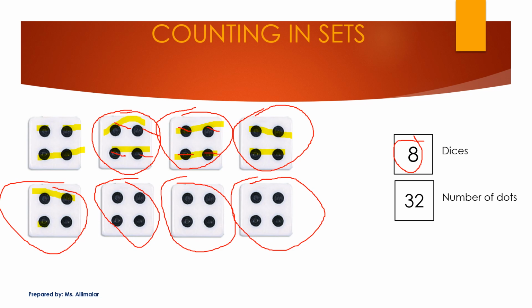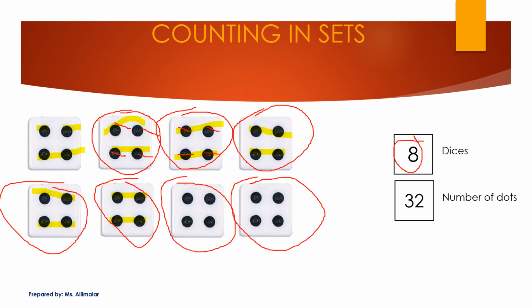20. Now 20 plus another 4: 24. How about 24 plus another 4? Take out your fingers, guys. Keep 24 in your heart. Take out 4 fingers.